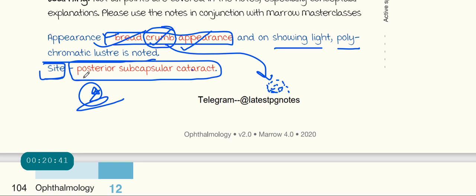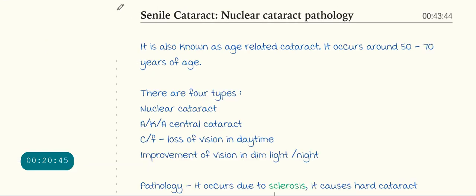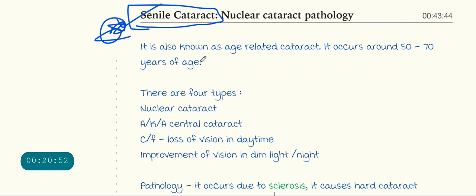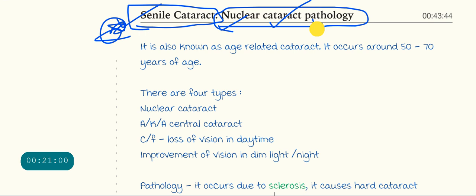Okay. The next cataract is the senile cataract. Very important. Senile cataract is also known as nuclear cataract pathology. The name itself tells you. In senile cataract, it is related to age group.